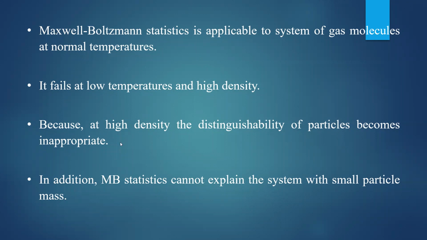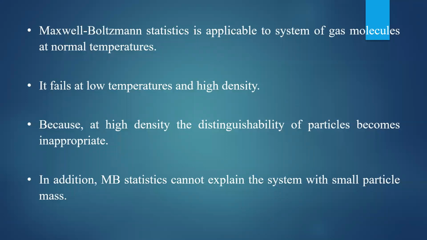Then in addition, Maxwell-Boltzmann statistics cannot explain a system with small particle mass. If the mass of the particle is very, very small, then Maxwell-Boltzmann statistics cannot explain that. The reason is the velocity of the particle becomes very random.